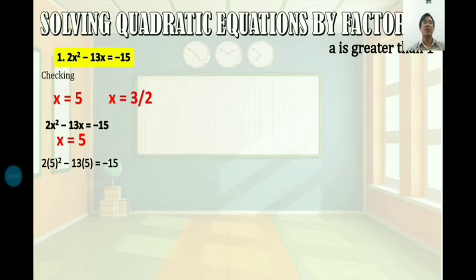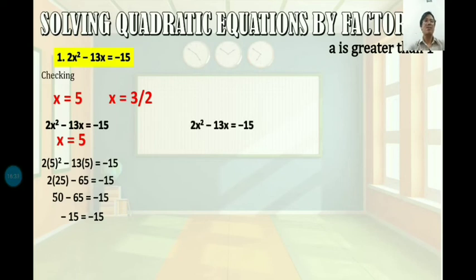So 2 times 25 minus 13 times 5 is negative 65. I repeat, is that equal to negative 15? Let's check. 2 times 25 is 50. Minus 65, is that equal to negative 15? Yes, negative 15 equals negative 15.